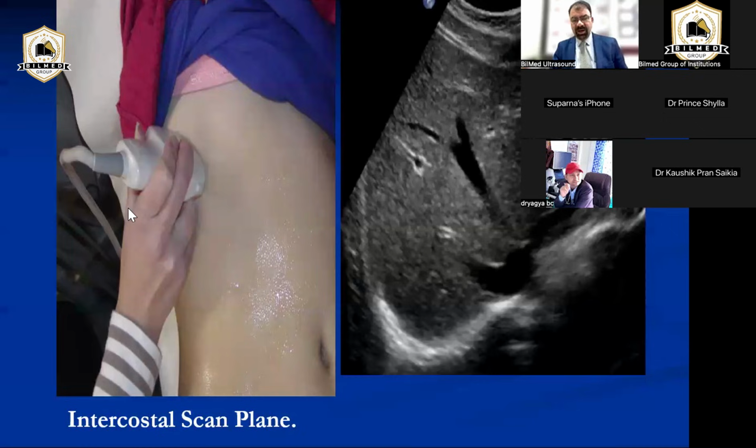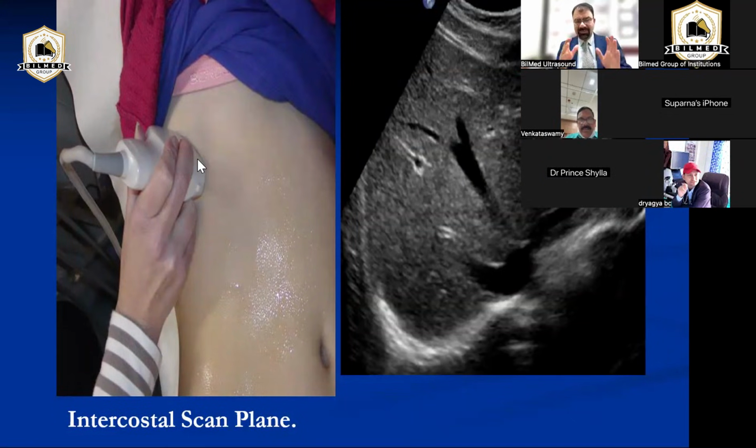When you are putting your probe through the intercostal space, your probe is first of all big enough that it has to fit in the small intercostal spaces. So you have to fit your probe in between the ribs to get a better view. For that, the footprint of the probe is big.